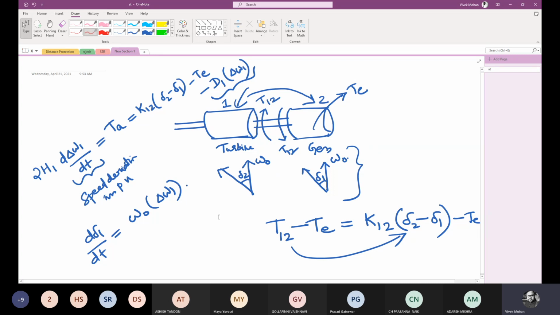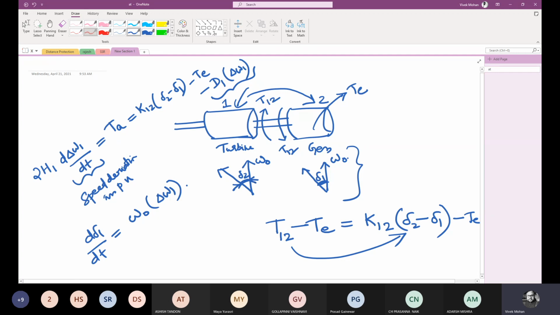Now the axis of the generator rotor is displaced with respect to the synchronously rotating frame by an angle del 1. The axis of the turbine is displaced with respect to the synchronously rotating frame by an angle del 2.